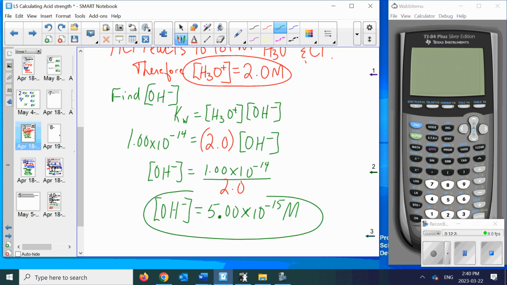This makes sense. The hydronium and hydroxide were initially equal before you added the acid, but then the hydronium goes super high. The hydroxide goes super low. It's an acidic solution, very few base parts.